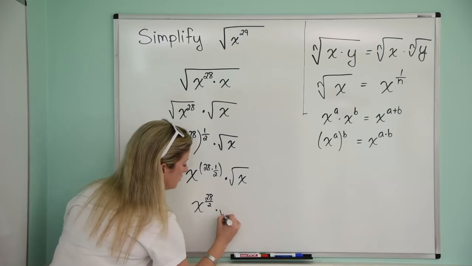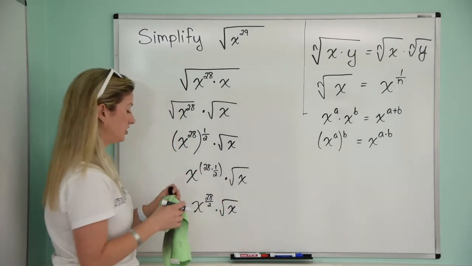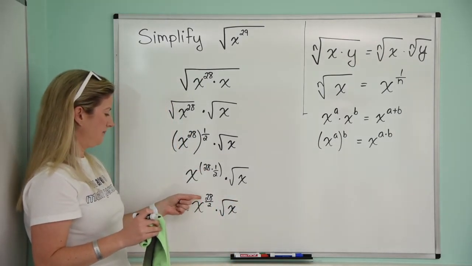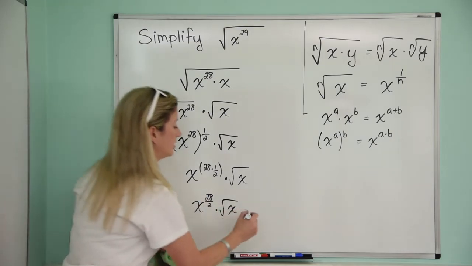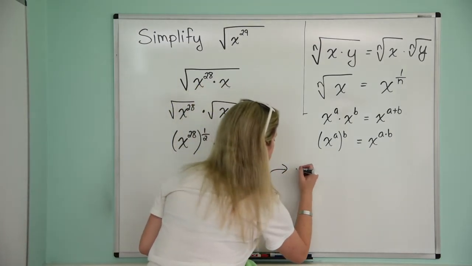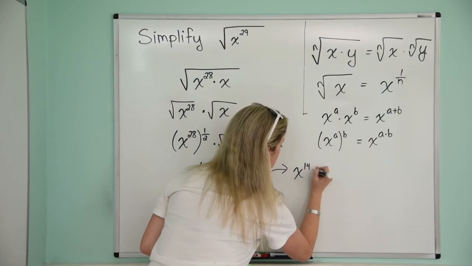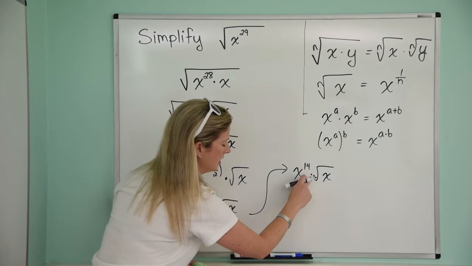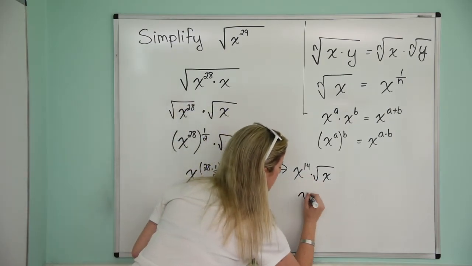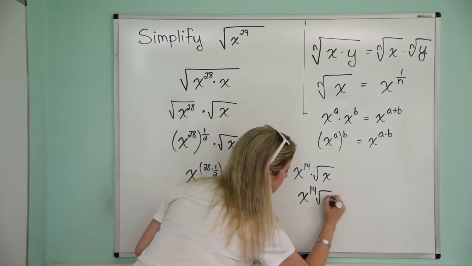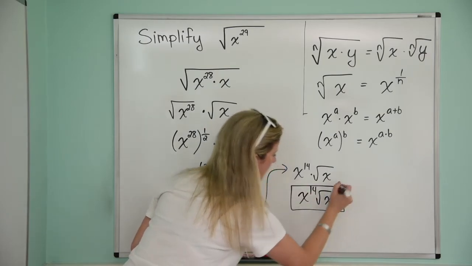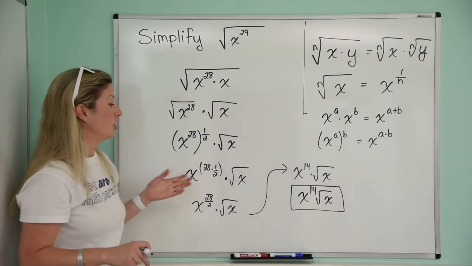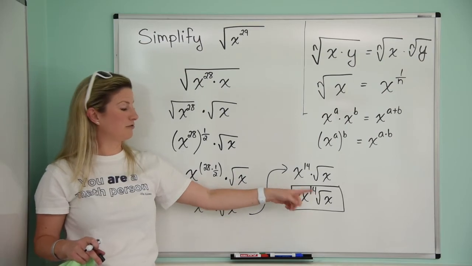If you are able to do that multiplication in your head, then you're good. 28 divided by 2 is just going to be 14, okay? So then it becomes x to the 14th times root x, and at this point we don't really need the dot for times. We can just write it as x to the 14th root x. And that's our answer. Great, so the answer is x to the 14th root x.